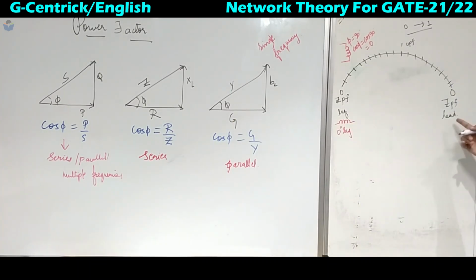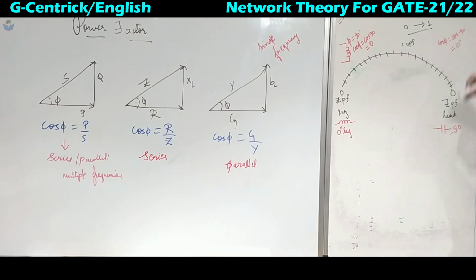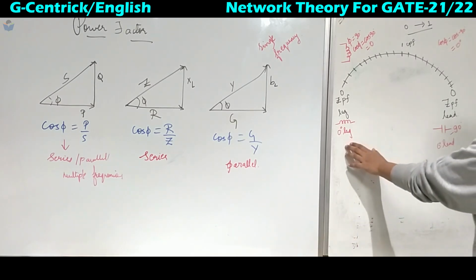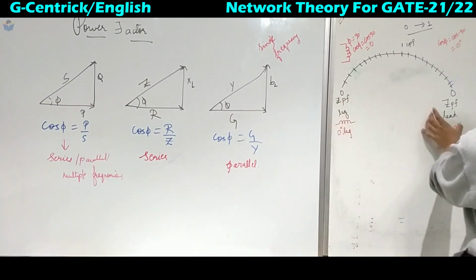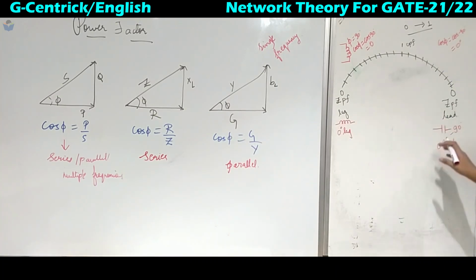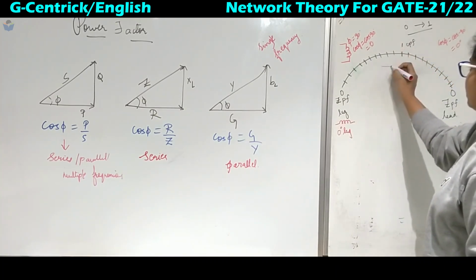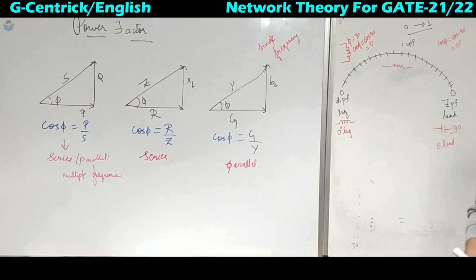Next, for the leading case, we have the pure capacitive network, which has an angle of minus 90 degrees. So cos phi equals cos of minus 90, which is again 0. So here we have 0 power factor lead. The importance of lag and lead is that it defines which is inductive and which is capacitive network. When it is 1, it is a pure resistive network.